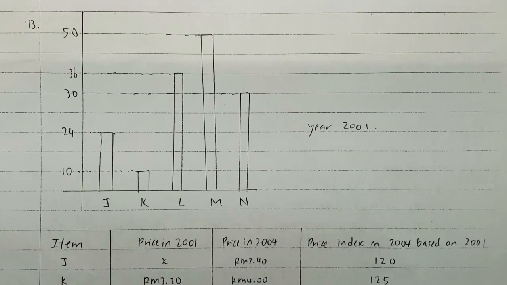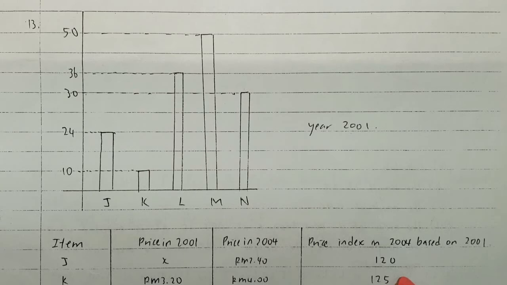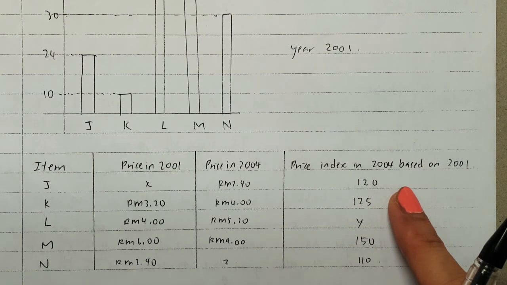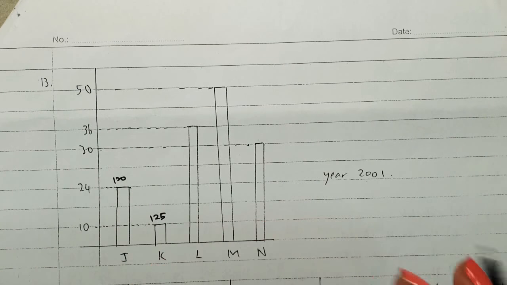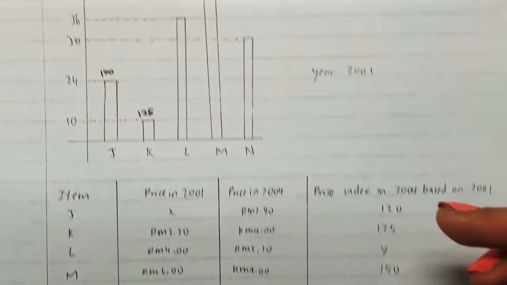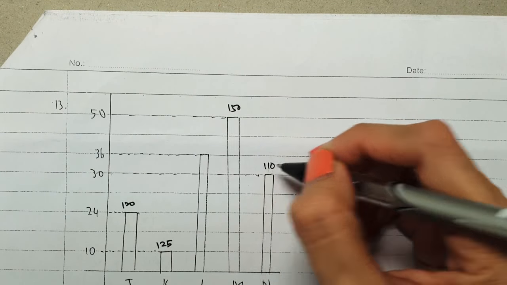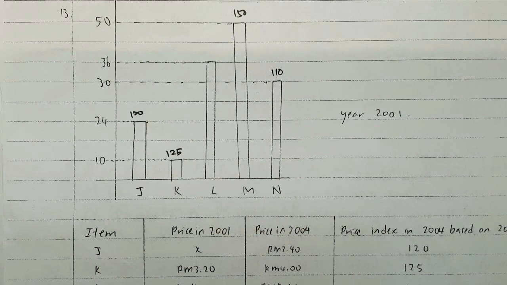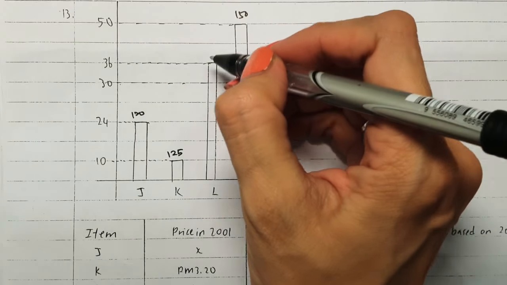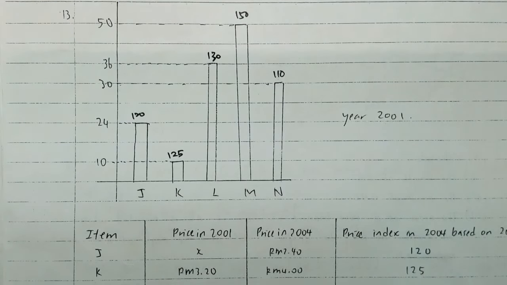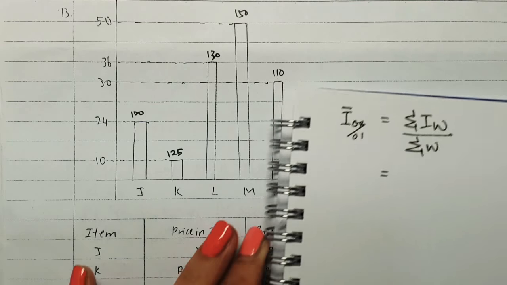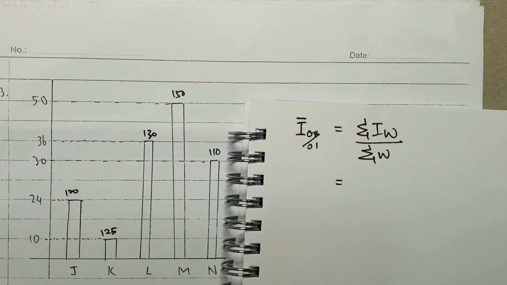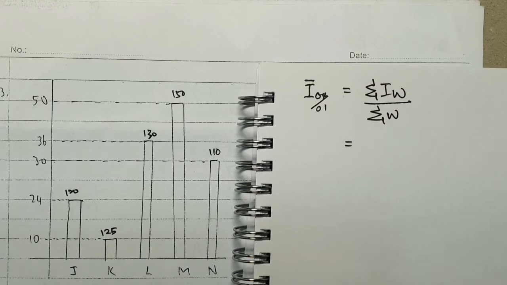Let's put down the corresponding price index first. So we have 120, 125, 150 and 110, and the y that we just found, which is 130. Let's calculate the composite index using the information that we have on the graph. 5 items over here.